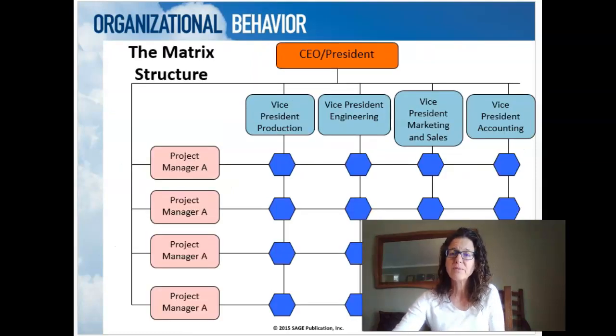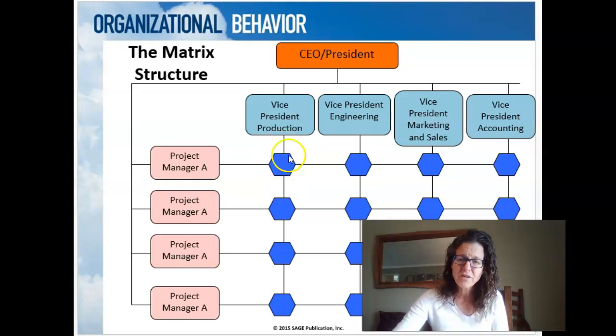The last structure that we look at is the matrix structure. The matrix structure resulted from the desire of organizations to integrate both functional and product areas and respond to environments that are uncertain with changing customer demands in an efficient, flexible way. And so the matrix structure involves lots of cross-functional project teams, right?